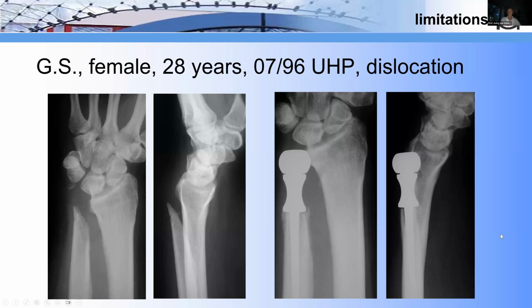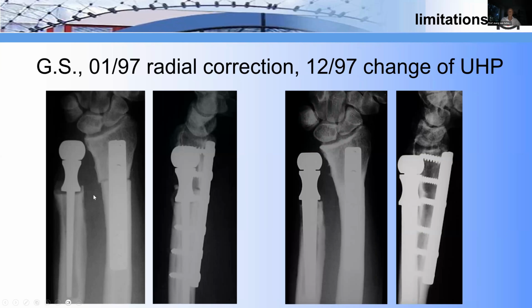So our next step was we left the prosthesis. We performed the radial correction osteotomy, so we actually got the radius back to the place where it belongs, parallel to the distal ulna, and then we changed that small stem of the ulnar head prosthesis to a larger stem.